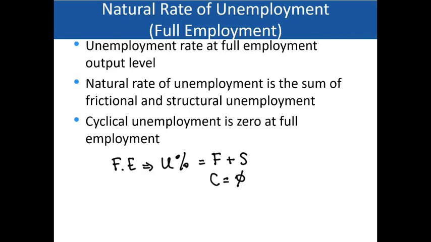And therefore, we can say that full employment is when we are on the long run path, because on the long run path, we do not have any recession, we do not have any economic decline, so we have reached the long run potential level of output, and the economy is not experiencing cyclical unemployment.